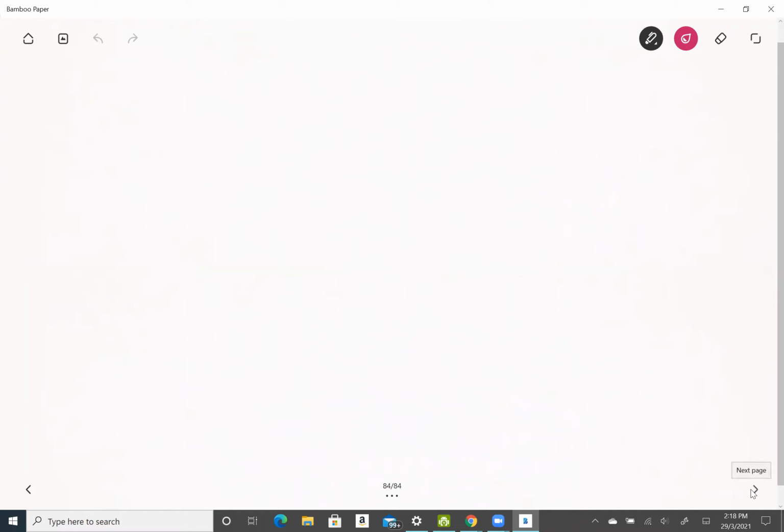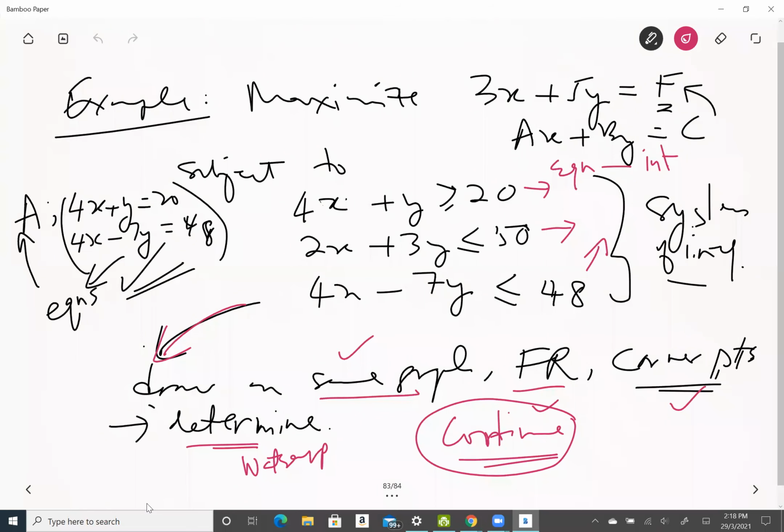So you have 4x plus y equal 20. The x-intercept is 5, so 5, 0. The y-intercept? 0, 20. Okay, the next equation, 2x plus 3y equal to 50. The x-intercept? 25, so 25, 0.